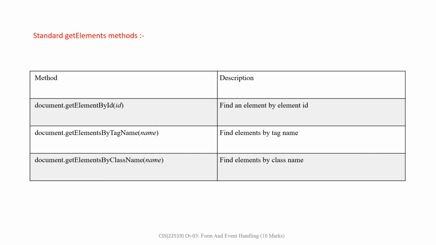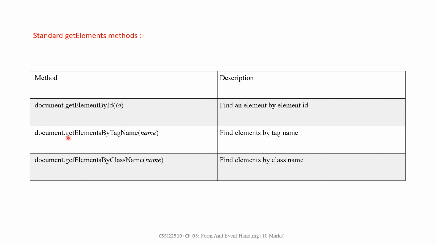Then next are the standard get elements methods. These methods are used in JavaScript programming for getting elements by ID or by tag name or by class name. These are the methods in JavaScript. document.getElementById finds an element by element ID.